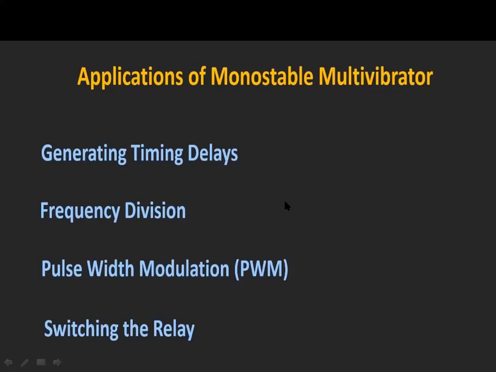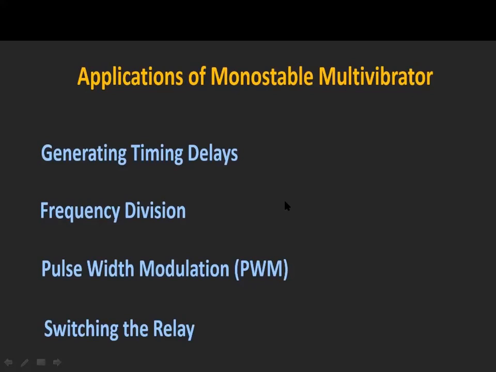We have studied pulse width modulation techniques in the analog communication subject. What is pulse width modulation? The width of the pulse is varied with respect to the amplitude of the message signal. With changes in the amplitude of the message signal, the width of the pulse is varied. This is also implemented with the monostable multivibrator.